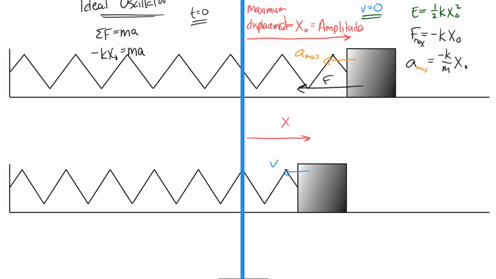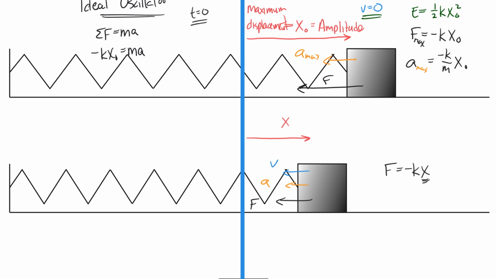And you can probably imagine we have an acceleration that's still this way because we have a force that is still this way. So the force is acting in this direction, and the acceleration is acting in this direction. But the force is less now because x is less. So we want to think about the force. The force is going to be equal to minus kx.